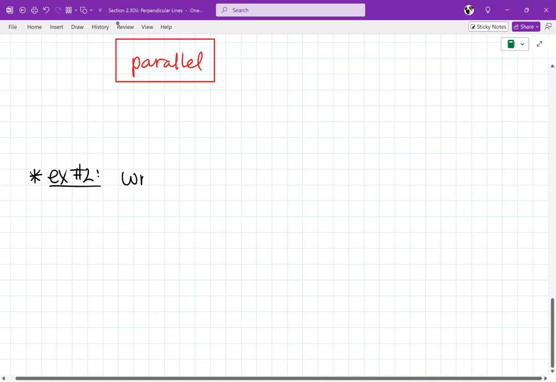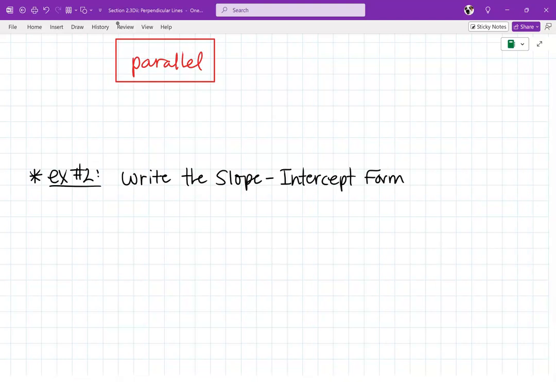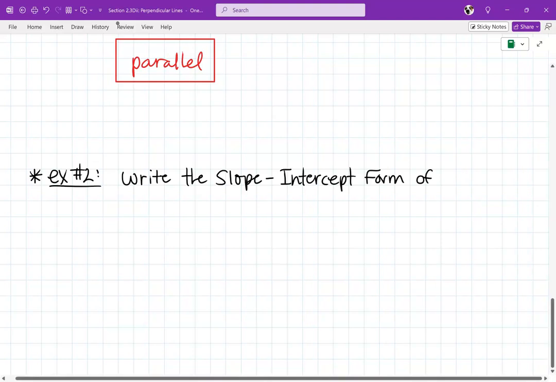So I'm going to write the slope-intercept form. So notice this is what we did yesterday on your quiz, right? Everything was always slope-intercept form of the equation. And right now I'm going to write down the equation.